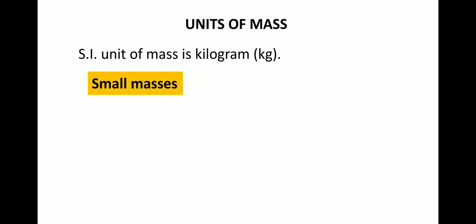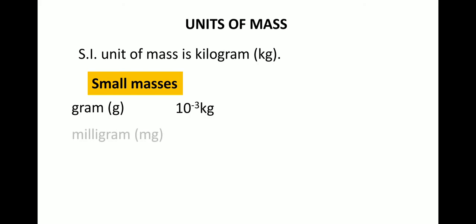Next we have units of mass. SI unit of mass is kilogram, or simply kg. The smaller unit for measurement of mass is gram, which is equal to 10 to the power minus 3 kg.